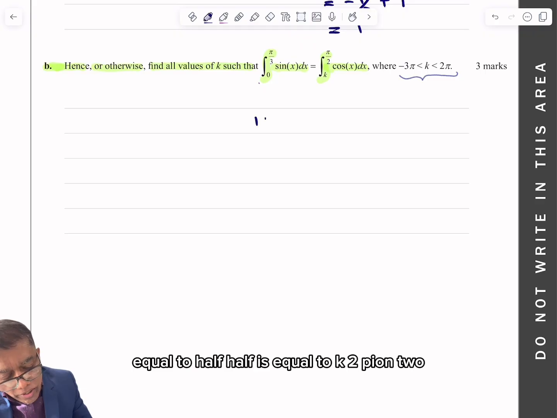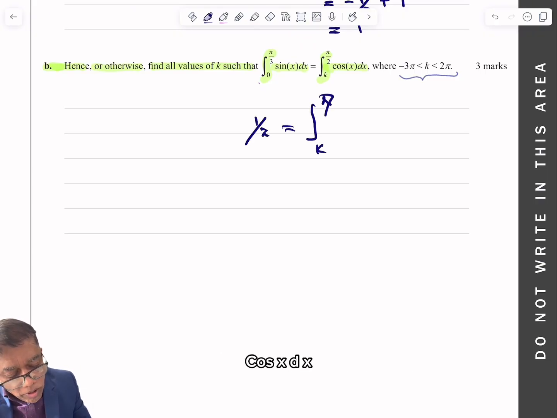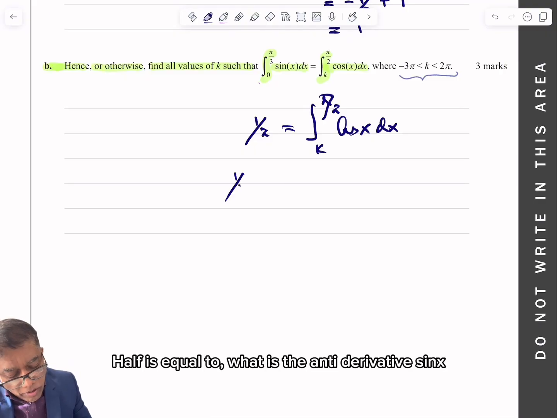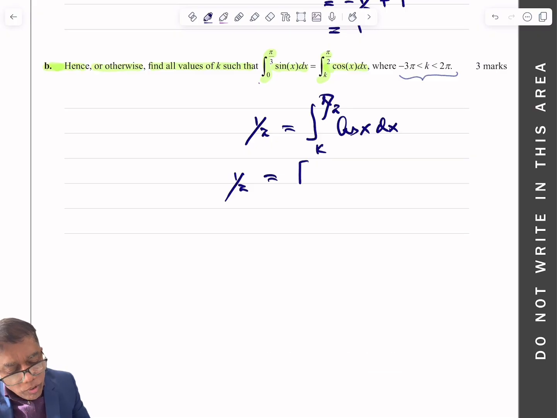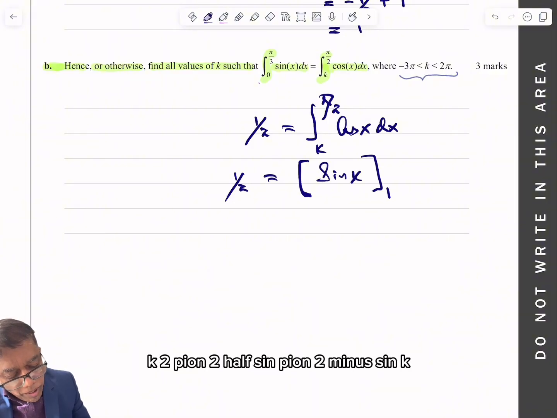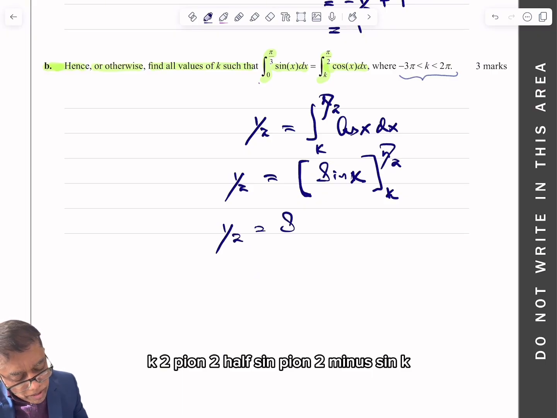Half is equal to the integral from k to pi on 2 of cos x dx. What is the antiderivative of cos x? It is sin x. Half is equal to sin x from k to pi on 2: sin pi on 2 minus sin k.